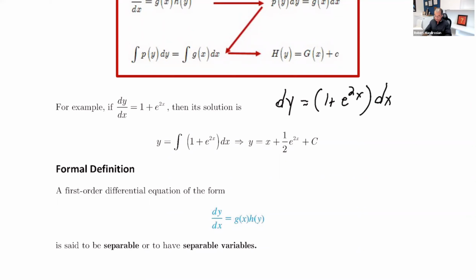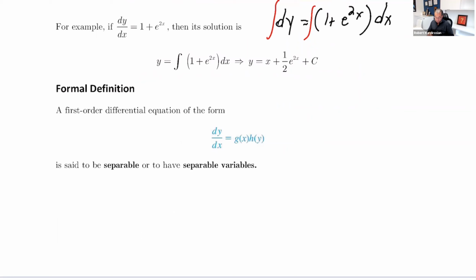I did separate the variables. Then what's left to do is just take the integral of both sides. The left side becomes y, and the right side is the integral of 1, which is x, and the integral of e to the 2x is 1/2 e to the 2x, and don't forget the constant, always very important.